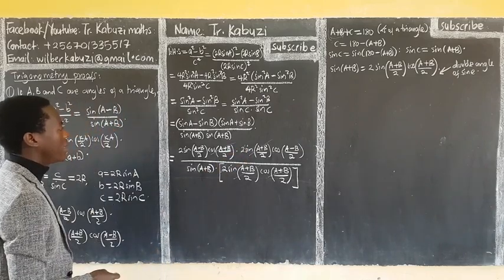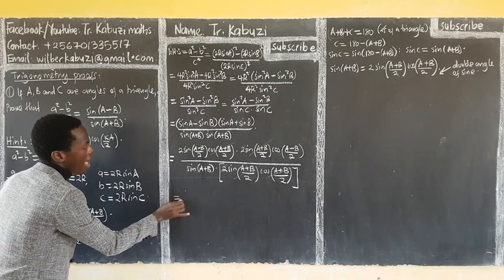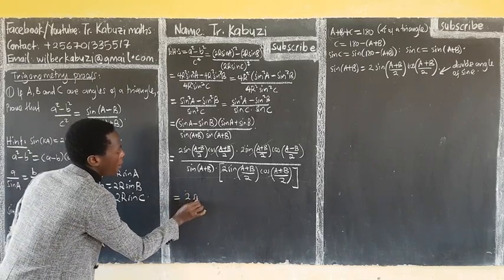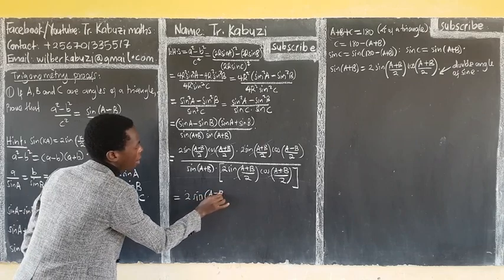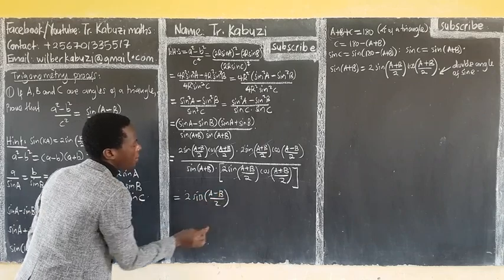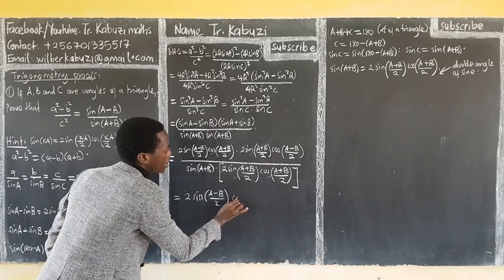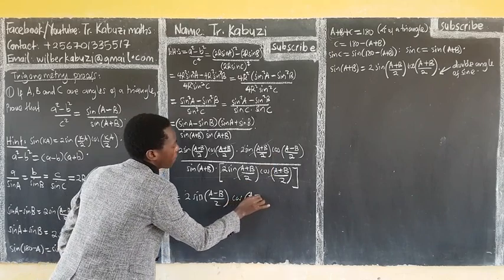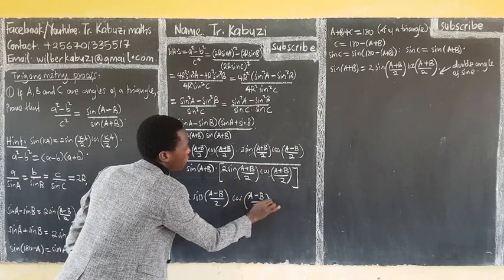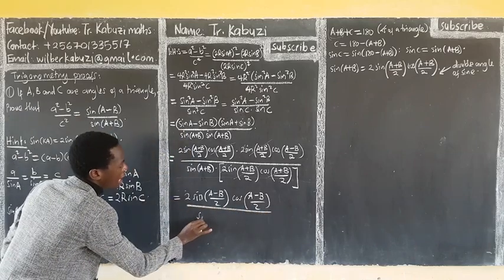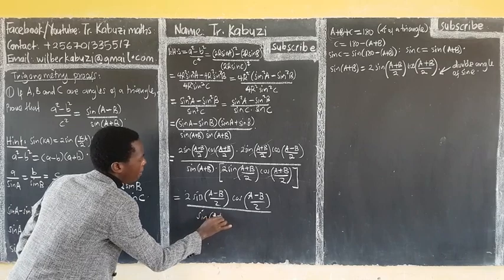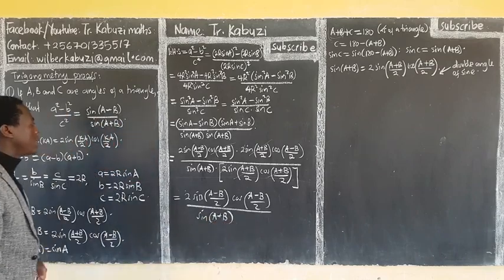So what I'm remaining with is 2 sine of the whole over 2. Then I also remain with my cos of the whole over 2. I divide it by sine of (a plus b), which we want already.